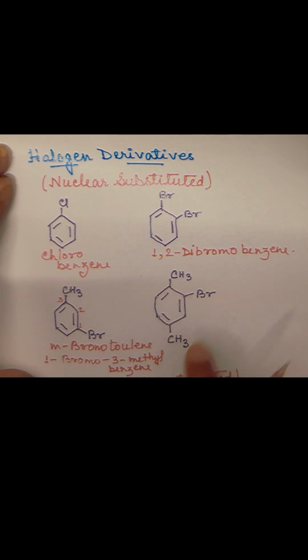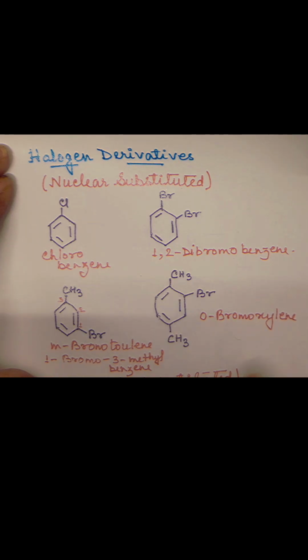Now moving to this. Remember, a benzene ring with 2 CH3, what did we call it? Xylene. And the bromo is in the ortho position, so we would call it orthobromoxylene. This is the common name.